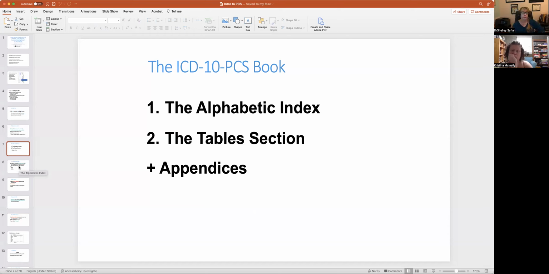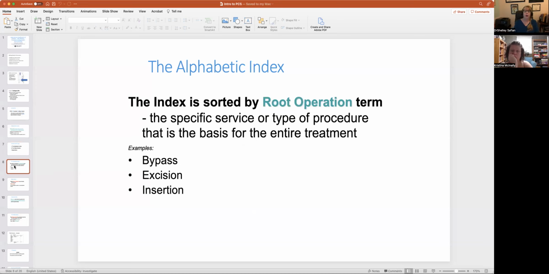All right, so the index primarily is sorted by root operation term. For example, bypass, excision, insertion, and you of course will get that from reading the procedure notes or the operative notes. But they do have alternatives. There are some things that are identified by body part, though not mostly.